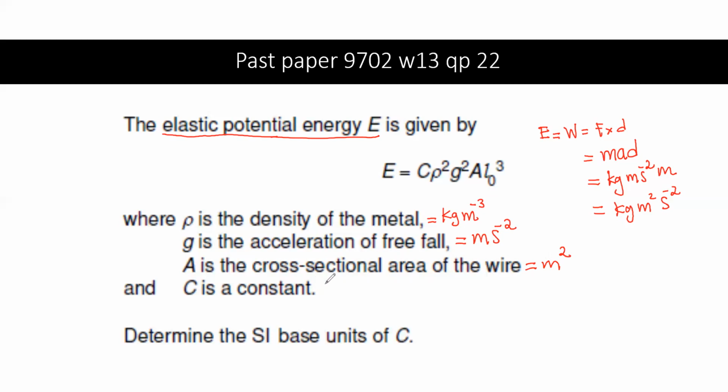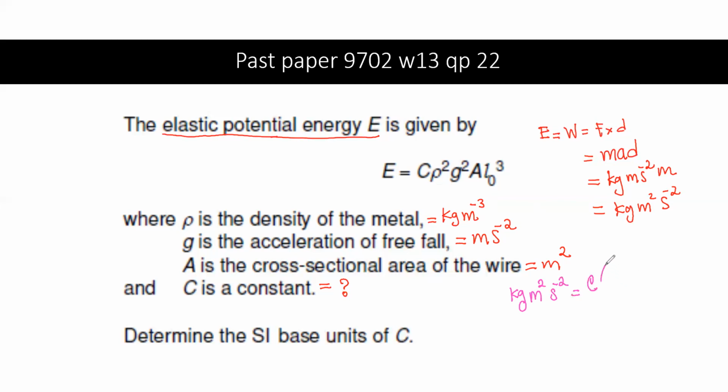We need to find the SI base units of C, so we input all units into the equation. Now, for E it is kilogram meter square second minus 2 equals C.